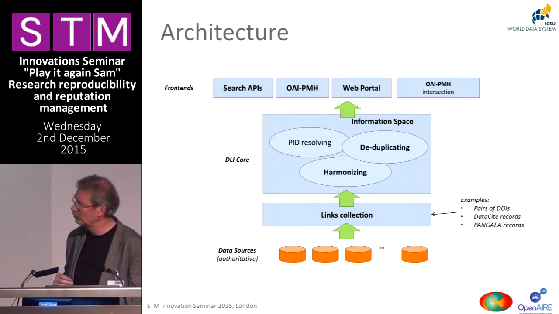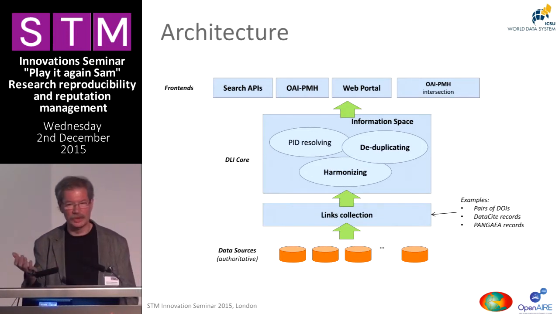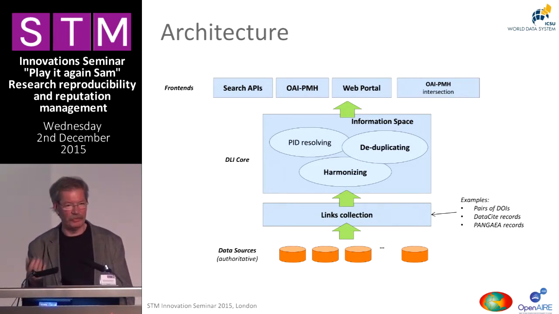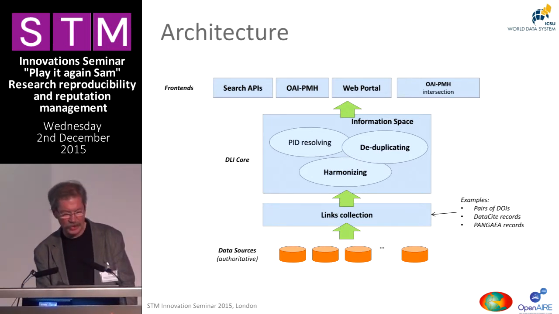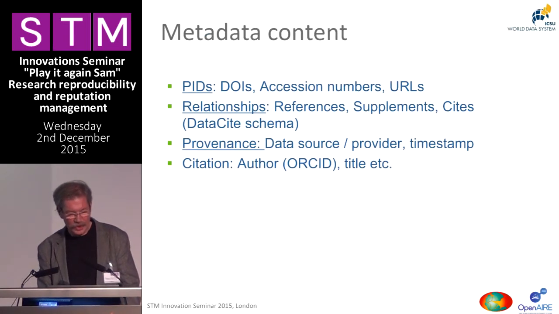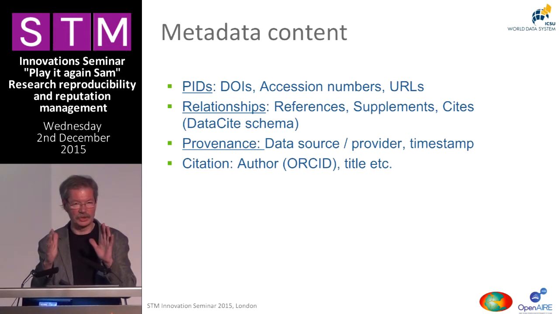That is quite important to come up with a consistent picture and also to ensure the quality of the information. So the metadata content, as mentioned, the PIDs are the core of the metadata: accession numbers, URLs, URIs, DOIs, and relationships between the objects, so the records is very essential.